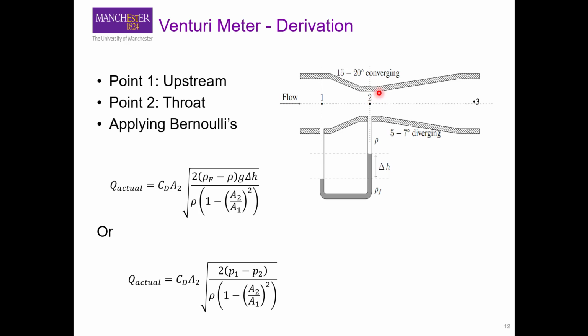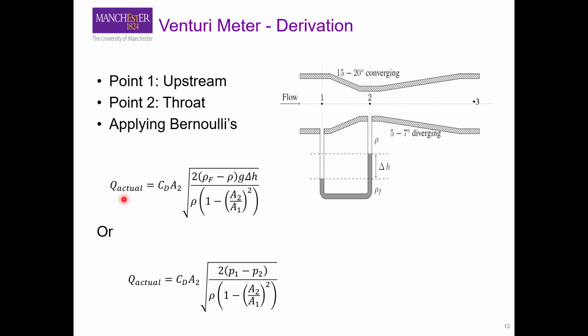Here we know the cross-sectional area of the throat, that is the A2 here. Okay, so just by plugging in the value of A1, the cross-sectional area at point 1, and A2, the cross-sectional area at point 2, and the pressure terms or the density terms, depending on which equation you are using, you can calculate the velocity, and then by multiplying it by the cross-sectional area at point 2, you can calculate the flow rate.